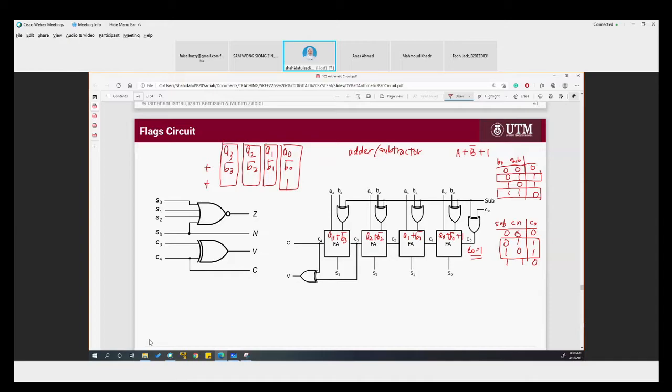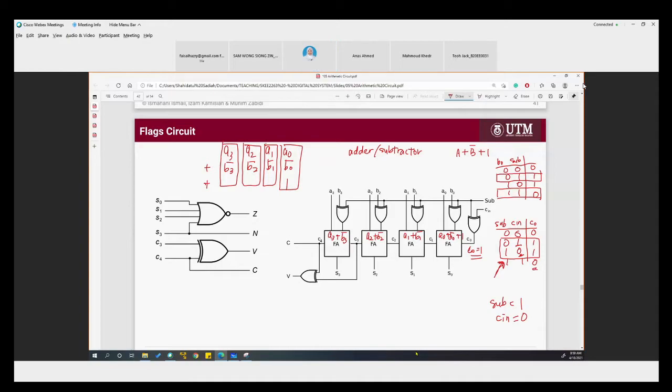But so to perform a subtraction, the condition is sub must be equal to 1 and the C in must be equal to 0. If C in is equal to 1, even though the sub is 1, it will not perform the subtraction because the C0 will be 0.